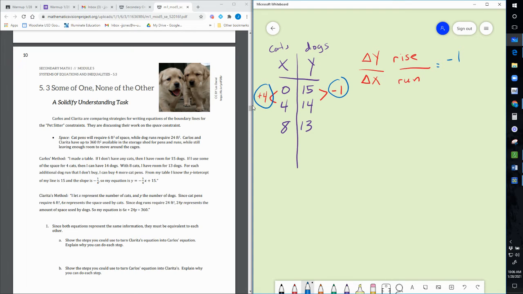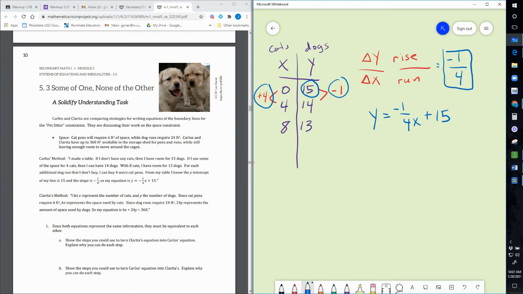And my change in x is +4. So that means that my slope is -1/4. So whenever he starts writing his equation, -1/4 x, and then whatever your y-intercept is, plus 15. And that's how he got his equation. So he's getting it in slope-intercept form. Okay? He just starts off with x being 0, and then just works from there and gets himself a couple values. That's pretty good.